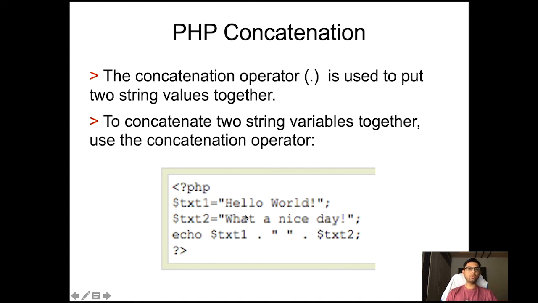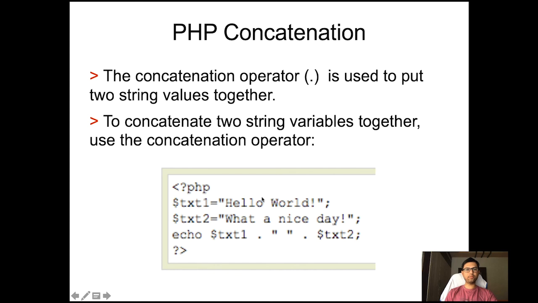So these two string variables are going to be concatenated in this echo statement and it prints hello world what a nice day. So this is how we can do concatenation using PHP.